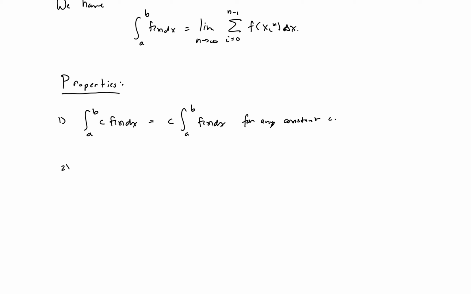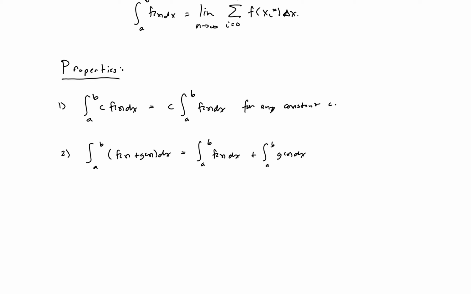If I have two functions and I take the definite integral of the sum of these functions, this breaks up into the sum of the definite integrals of these functions. So a definite integral breaks up over addition.